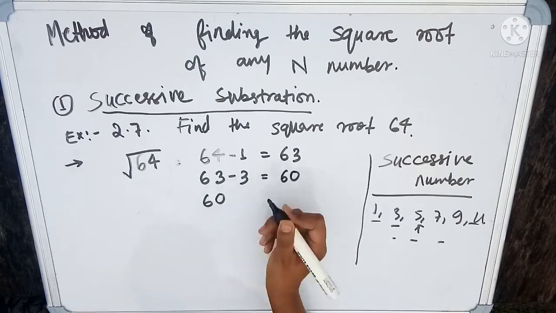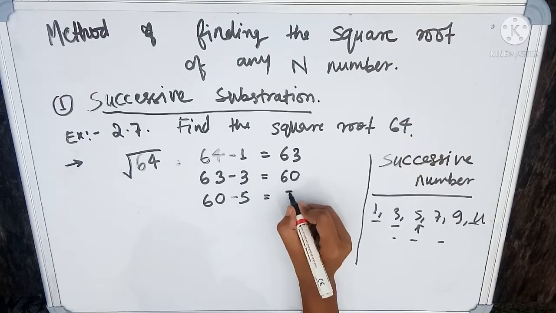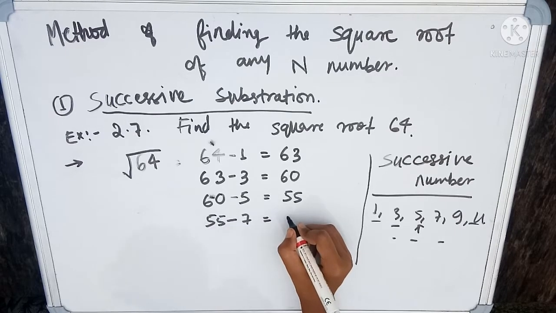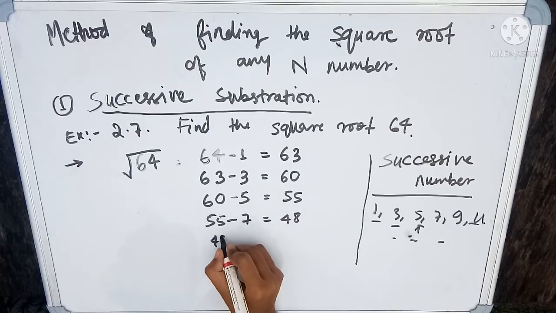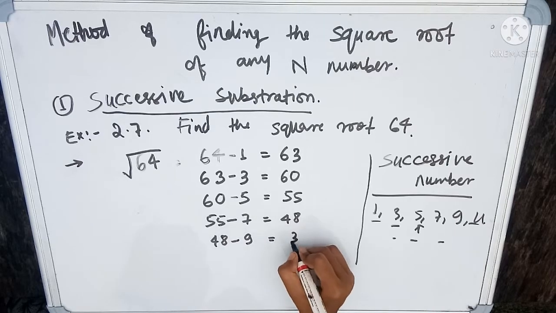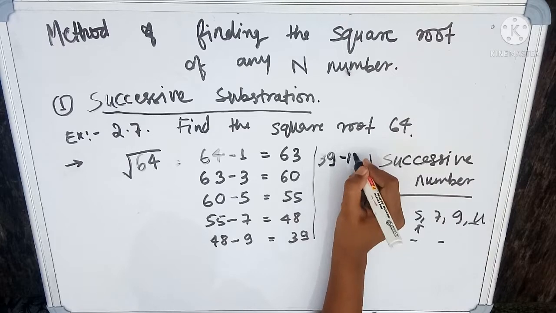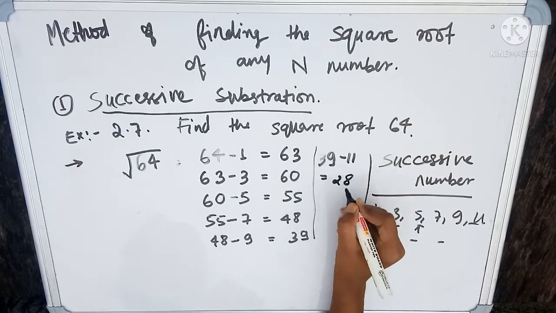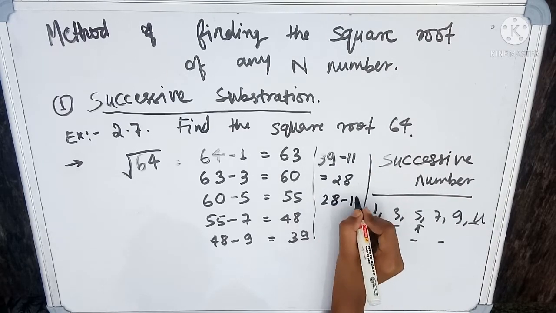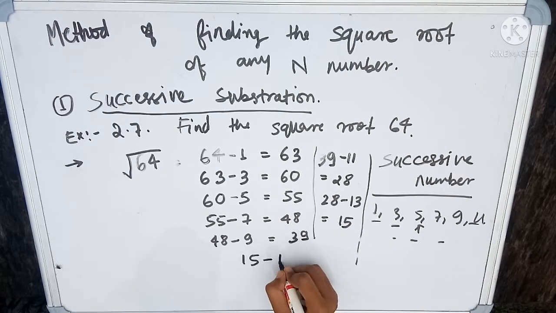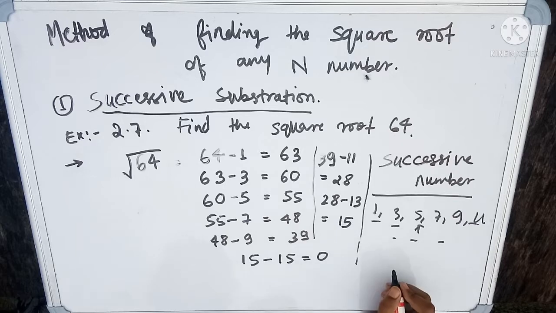Next, 60 minus 5 is 55. Now 55 minus 7 is 48. Now 48 minus 9 is 39. Again, 39 minus 11 is 28, and 28 minus 13 is 15, and lastly 15 minus 15 gives 0. So these are the steps.